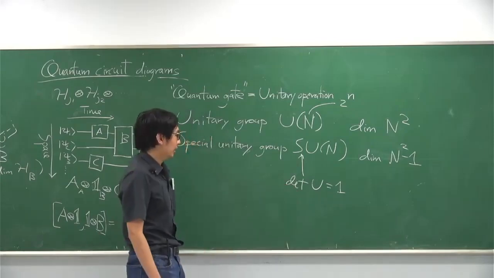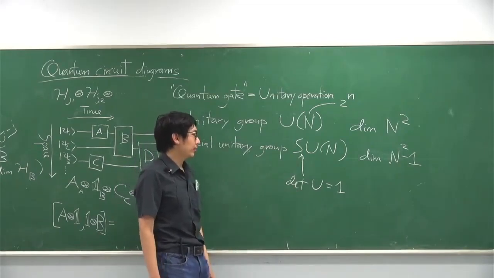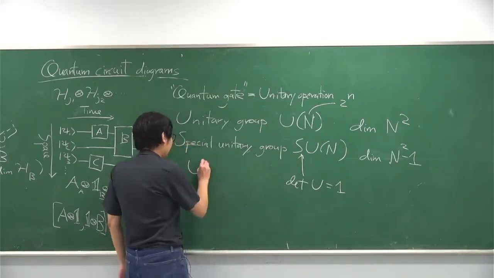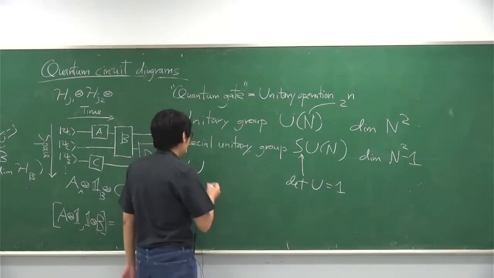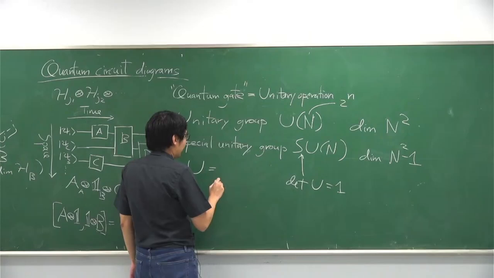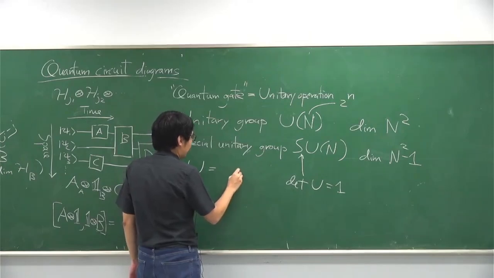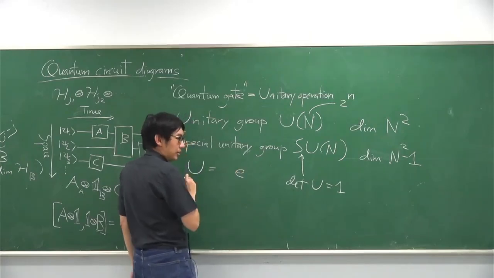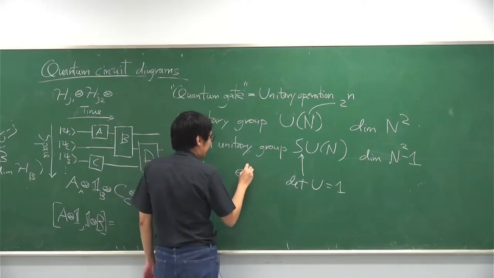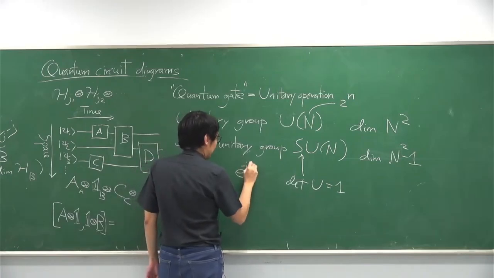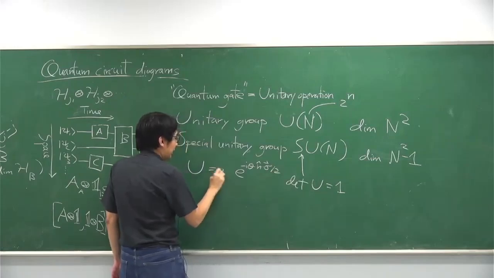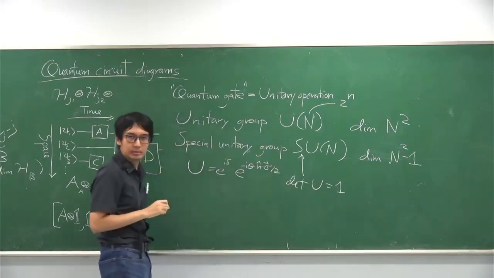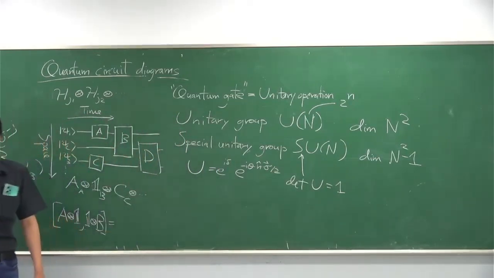And you saw this in the last homework, the second homework as well, that I can think of a unitary, for example, for 2 by 2, like a qubit unitary gate. So I will have this guy, right? But then I can put in some arbitrary phase, which you get from exponentiating the identity matrix.